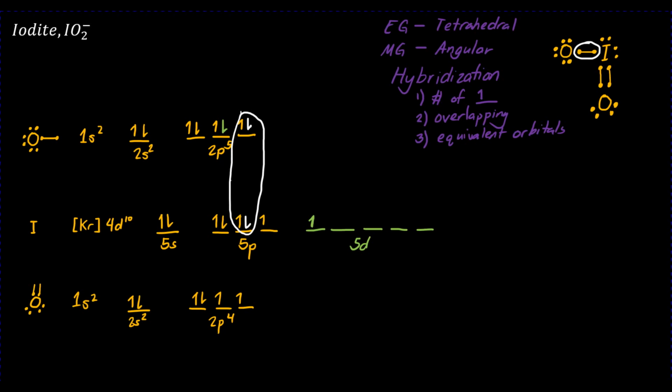So these two orbitals will overlap, and the overlap is along their axis. So this is oxygen, this is iodine. The overlap is along their axis. Now you also see that iodine has two lone pairs.